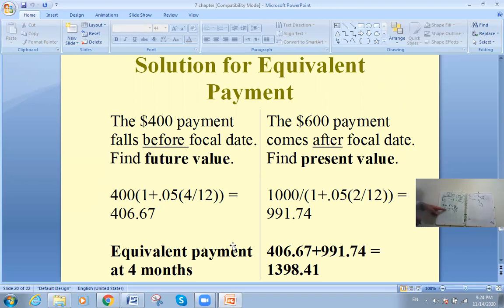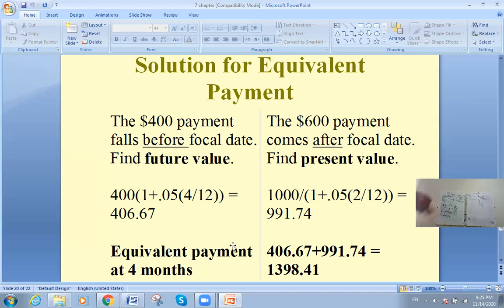So how will I calculate this amount? I have to bring the future value, so S equals the present value, the principal, which is 400, multiplied by 1 plus R times T. This is for getting the sum of the amount, as we had in the lecture.